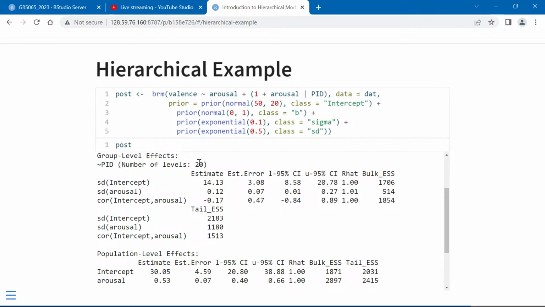In this case, there's 20 people in the study, and this is estimating the standard deviation of the A's, the standard deviation of the B's, and the correlation between the A's and the B's. Now again, we get 4,000 draws on all of this. This is just the average and the median and those things. But it doesn't even show the A's and the B's, because for psychology, that's usually not super important.